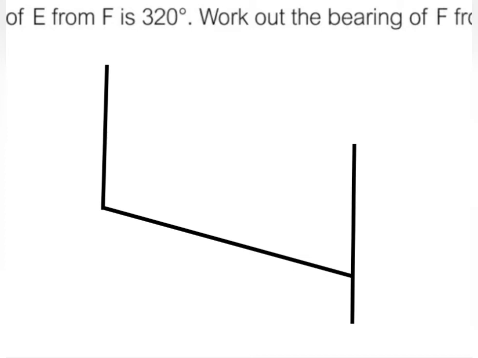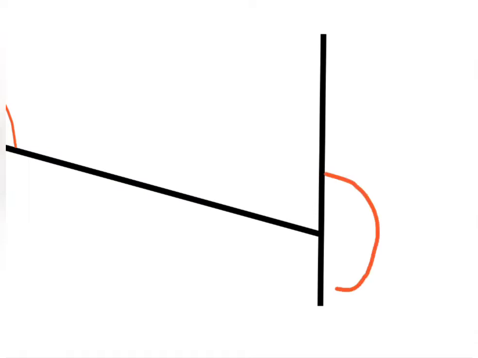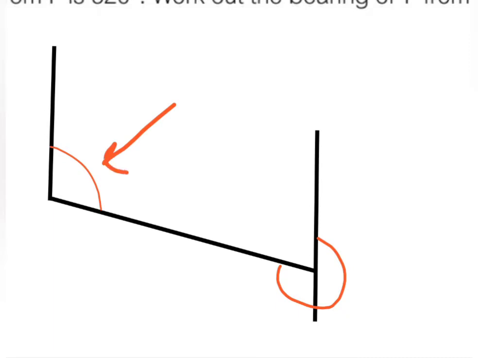Now, this time we're going to answer it using the alternate angles rules, in which these 2 angles, now let me put, this is one of the bearings, and the other bearing is here. It has 180 and this one. Like this, yes. So we have two bearings, this bearing and this bearing.